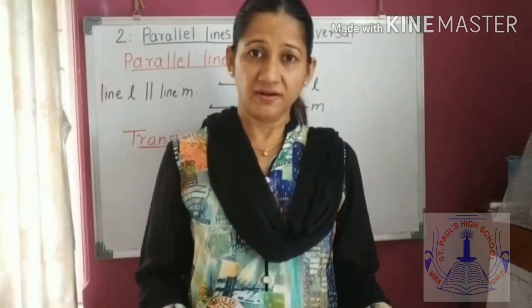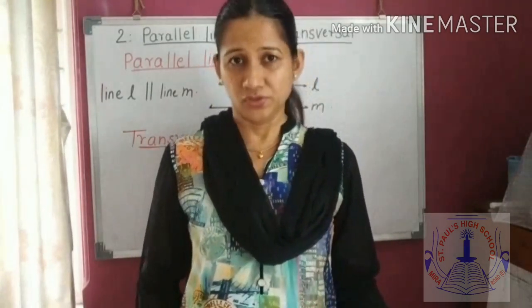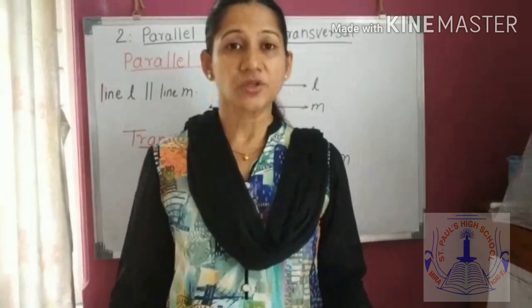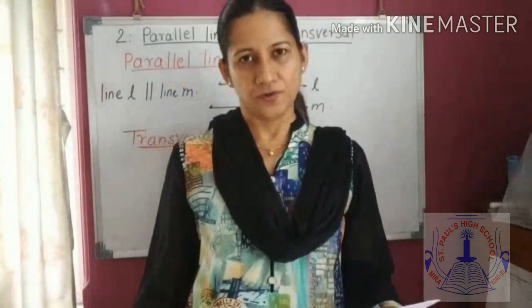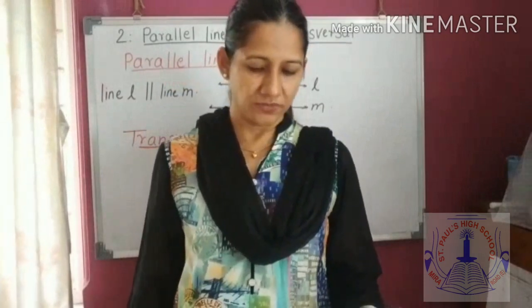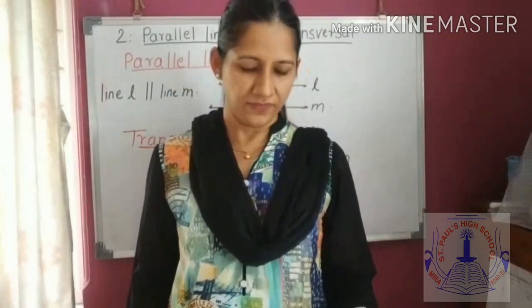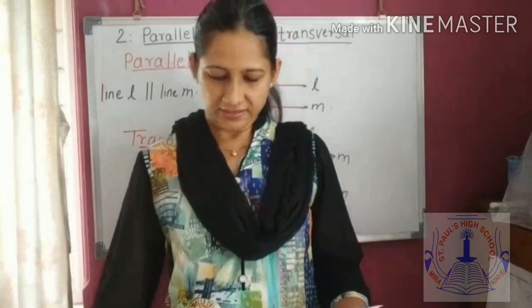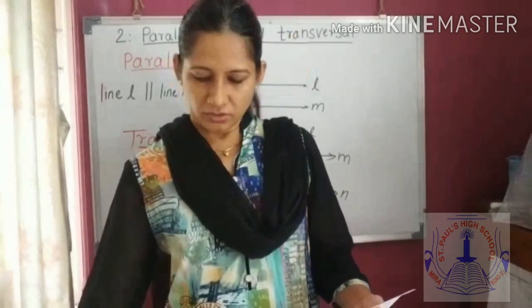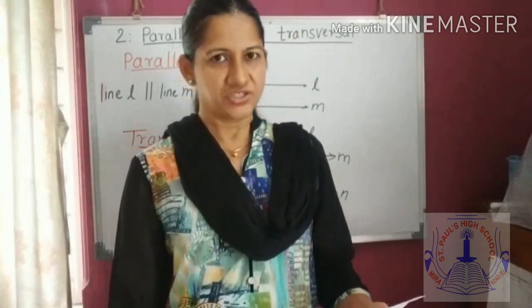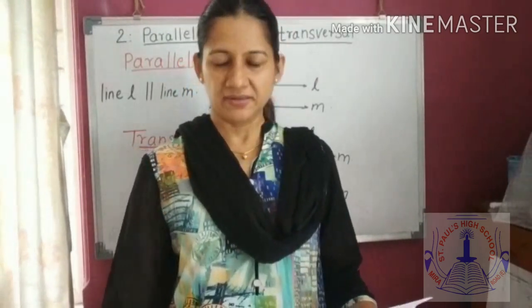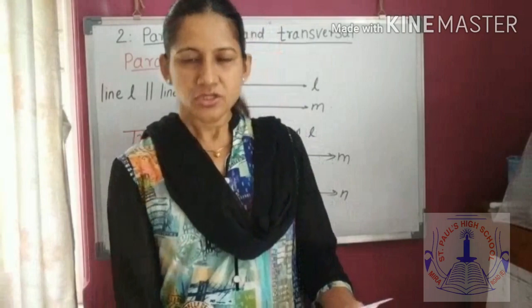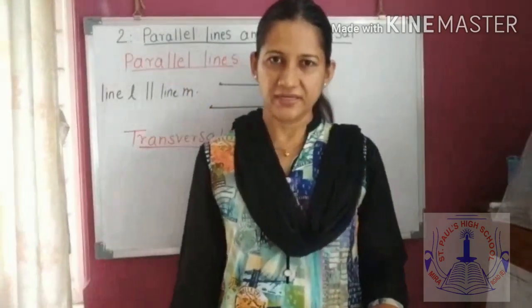Method 1 is in our portion, but method 2, which is on page number 13, is reduced from our syllabus. So you don't have to study method 2, only method 1 will be there. Is that clear to you all? So I have told all the parts which are cancelled from chapter 2, parallel lines and transversal. We will start with the topic right now, students.